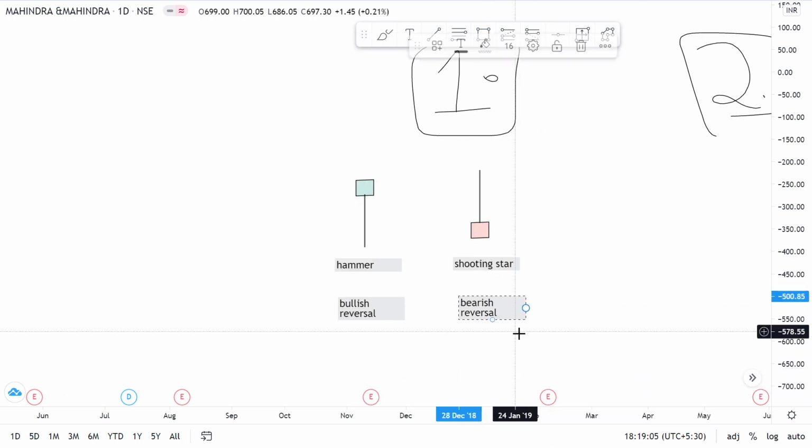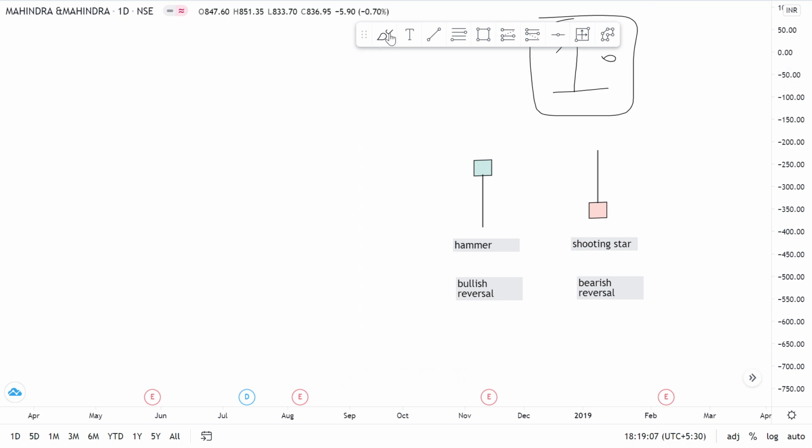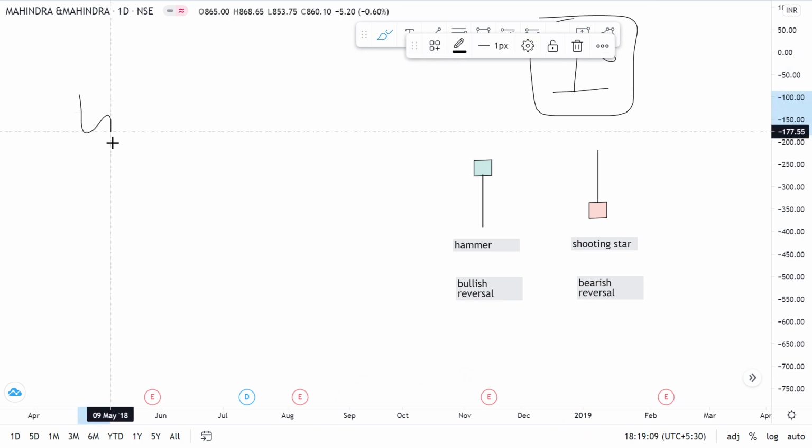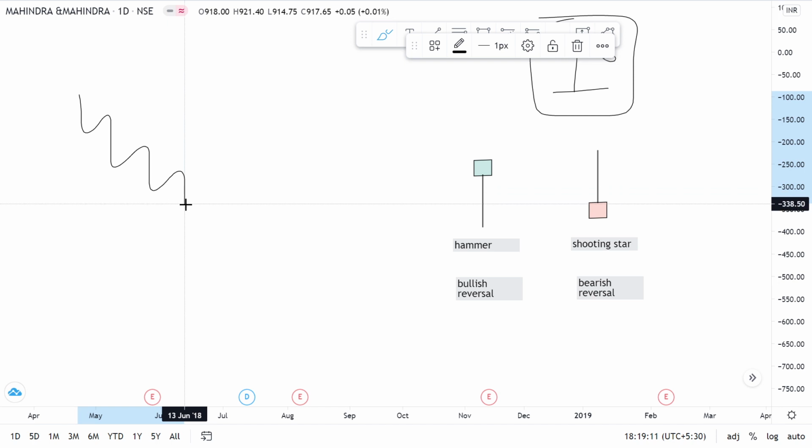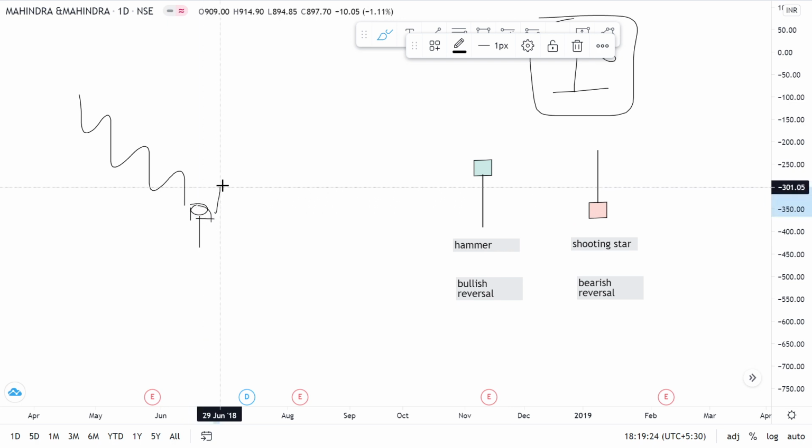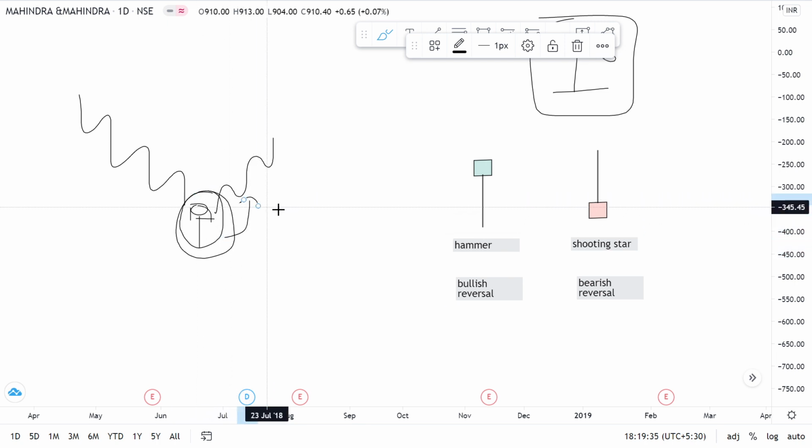What these mean is, when the price has been coming down for a long time and you see a hammer candle formed at the bottom right here, let's say this hammer is formed right here, we can say that from here price could probably reverse and go up. This is why it is called a bullish reversal candle. From the hammer there are chances that the price can reverse and go up.